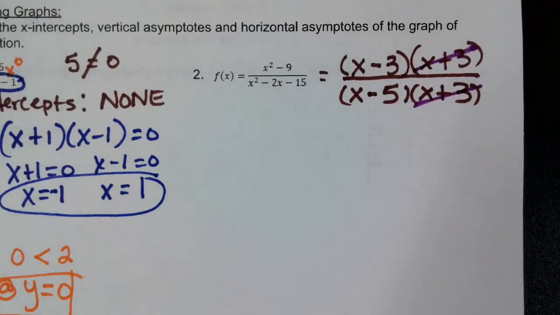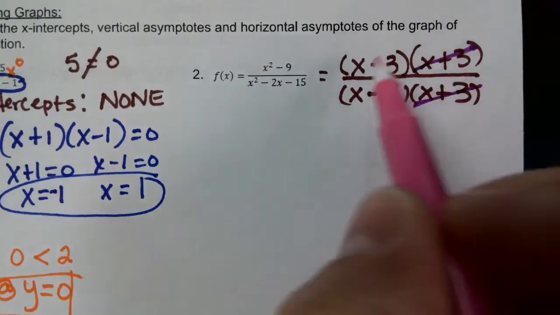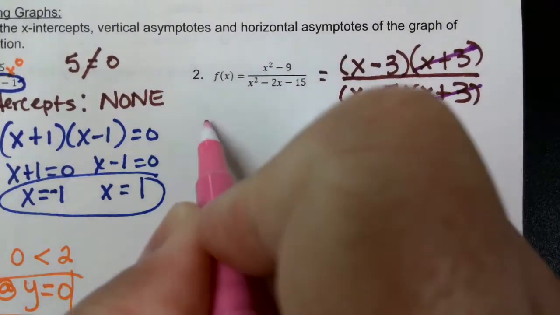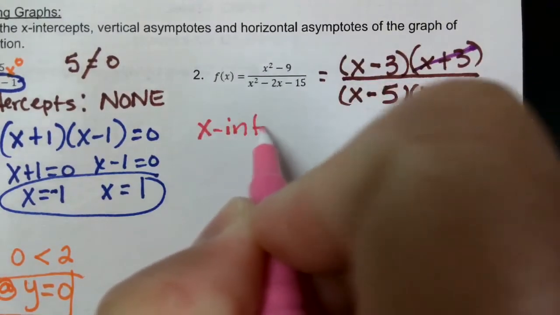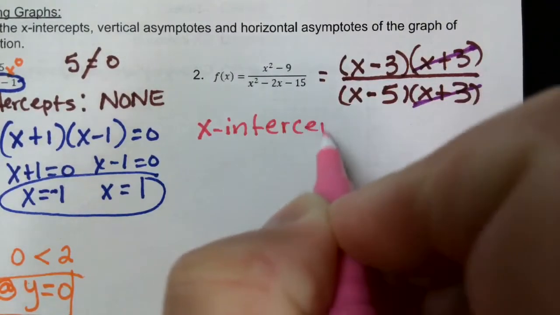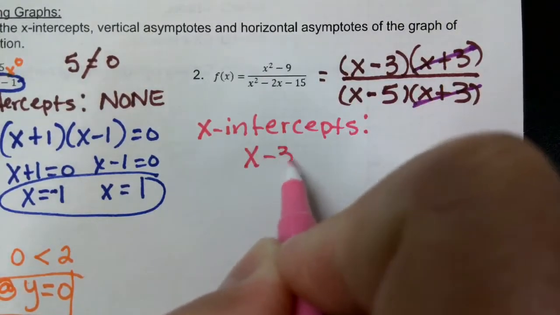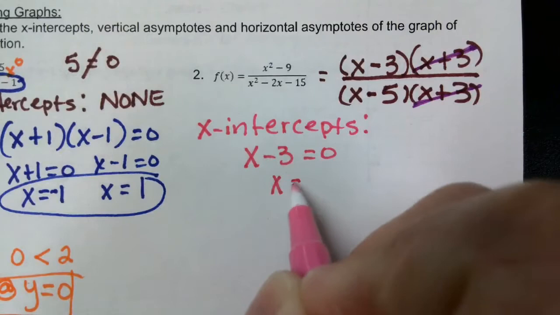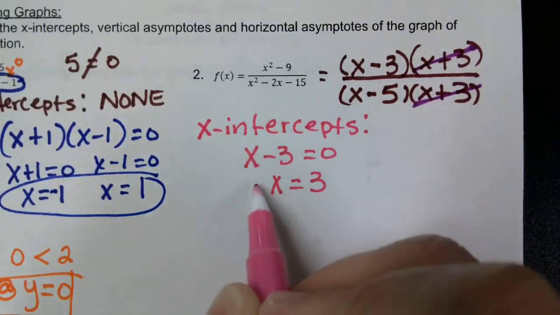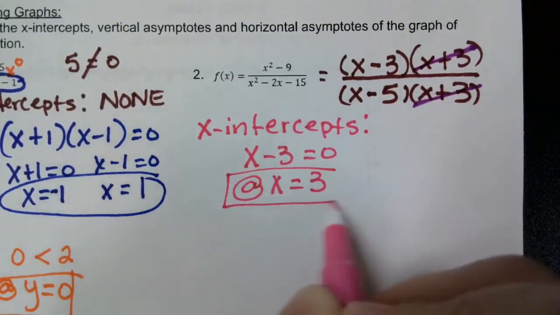Now, when I am looking for my x-intercepts, I will look at the factor that is left. So x minus 3. Set it equal to 0 and solve. So I have an x-intercept at x equals 3.